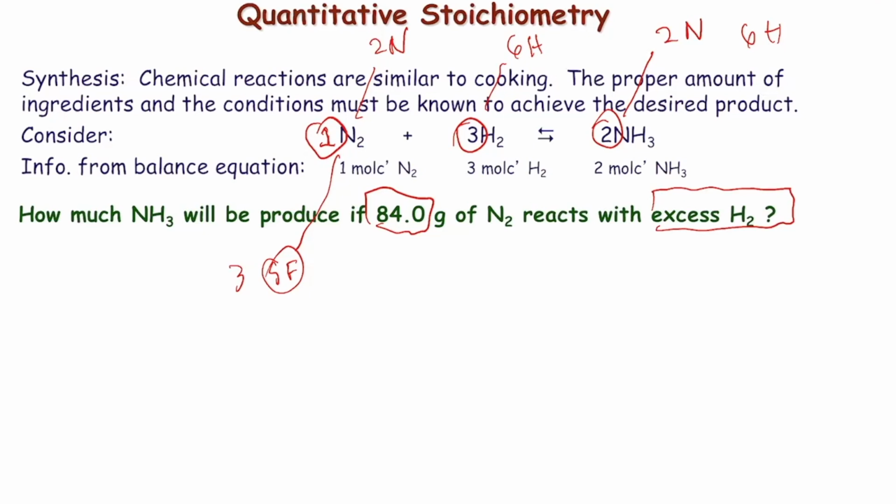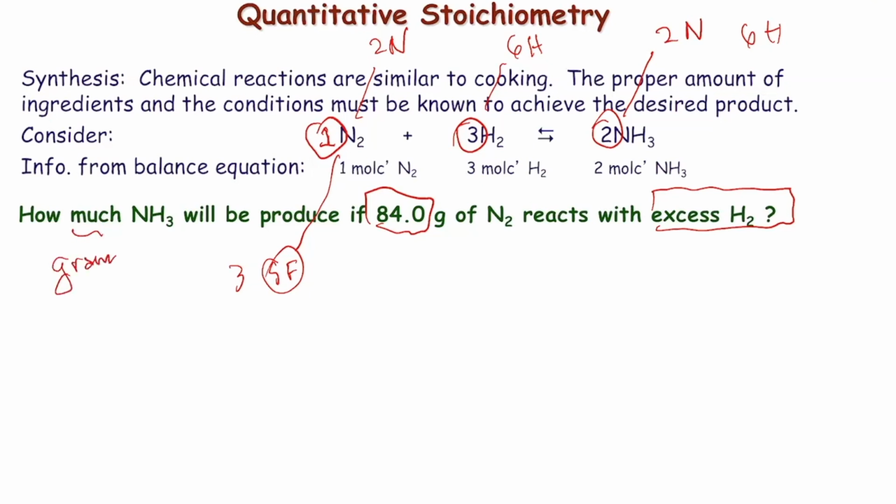You never use the excess chemical to figure out how much product you produce, because the nitrogen is going to be the chemical that runs out first that will determine how much product is produced, okay? The nitrogen would be the limiting reagent, the hydrogen would be the excess, and you're trying to figure out how much ammonia is produced. And when you say how much, it's usually how many grams.